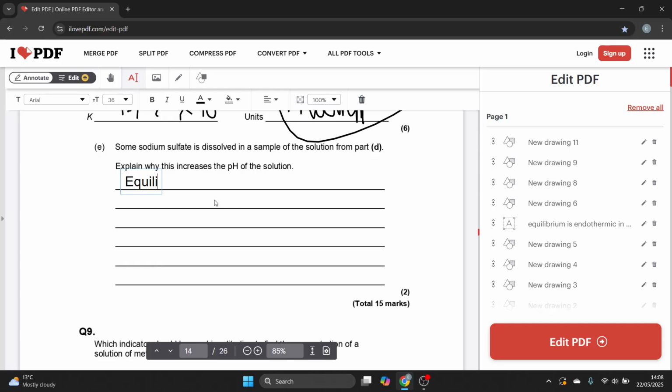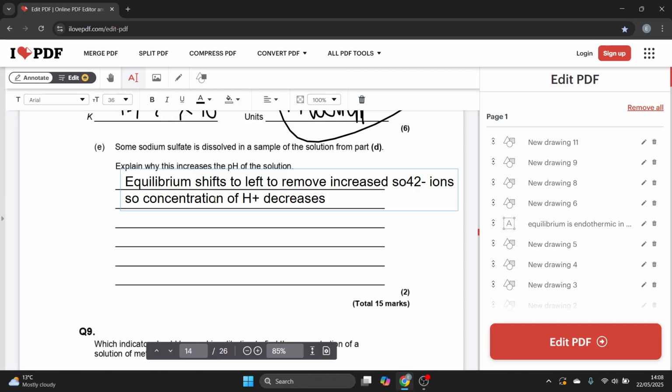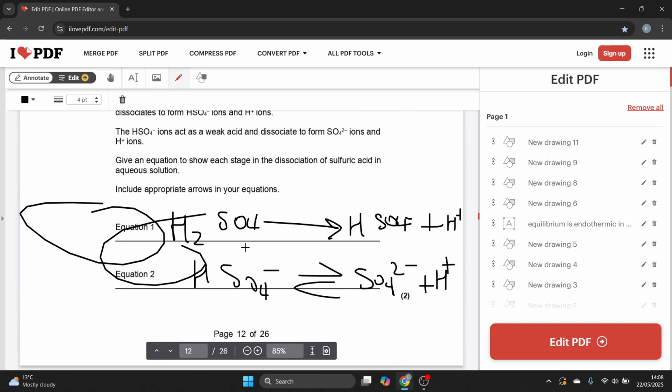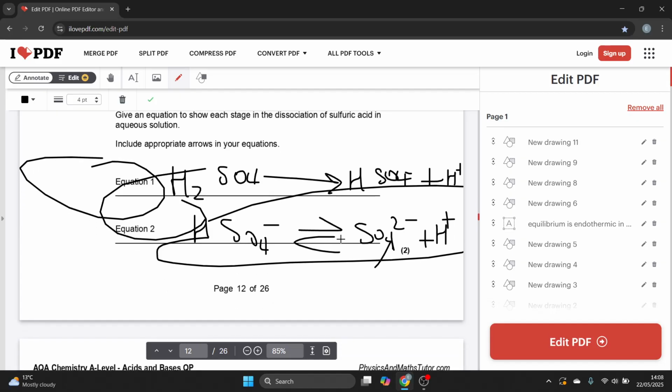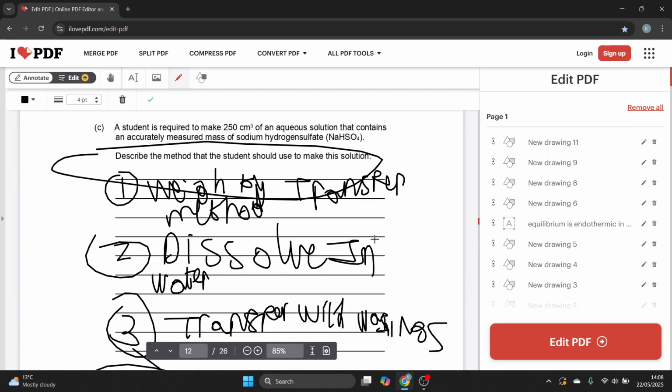So equilibrium shifts to left. And if you even go back here, it gives you the equations here which you go through. So if adding more, then equilibrium is going to shift this side, so you're going to have less of this. That's how you could look at it.